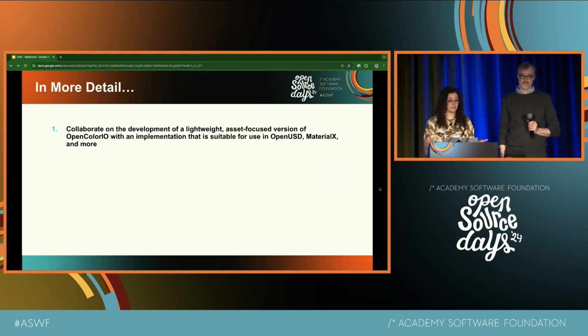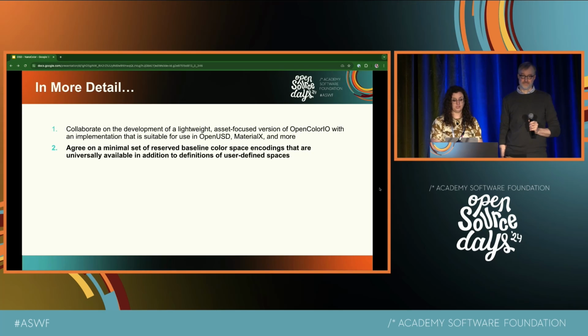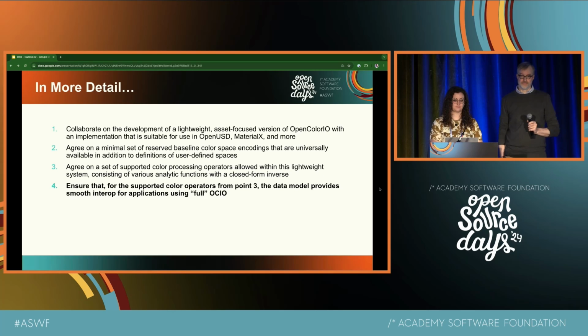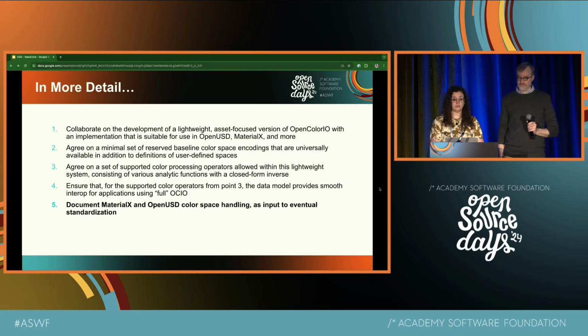Goal number 1, collaborate on the development of a lightweight, asset-focused version of OpenColorIO. 2, agree on a minimal set of reserved baseline color space encodings. 3, agree on a set of supported color processing operators allowed within this lightweight system. 4, ensure that, for the supported color operators from the previous point, the data model would provide smooth interop for applications using full OCIO. 5, document MaterialX and OpenUSD color space handling as input to eventual standardization.